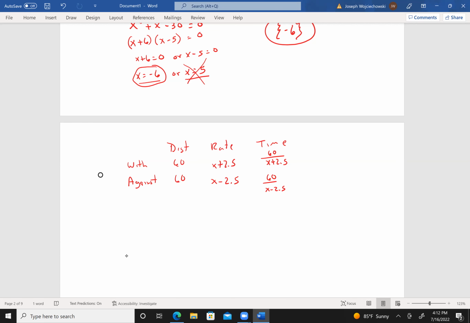So now the difference between these two, 60 over x minus 2.5 minus 60 over x plus 2.5, is going to equal 2 hours less. So let's do that the other way.